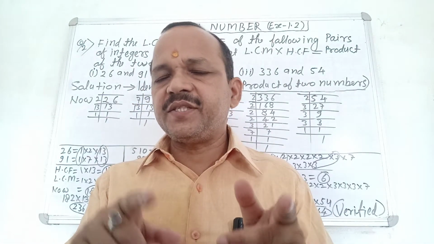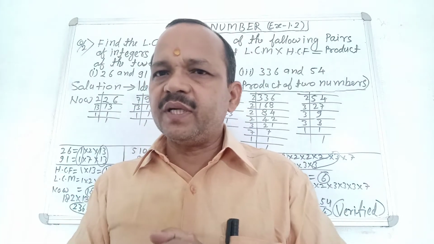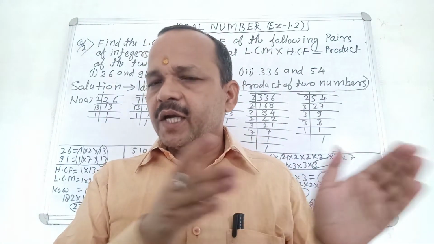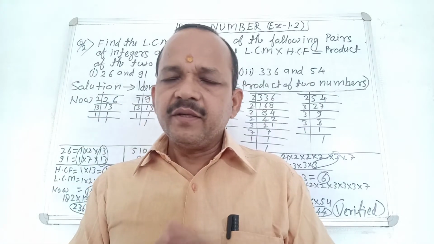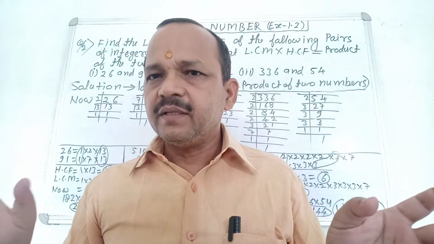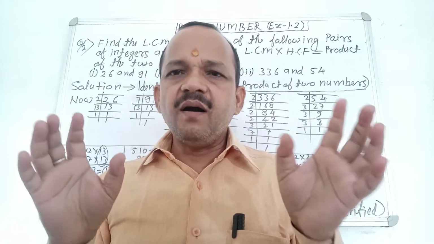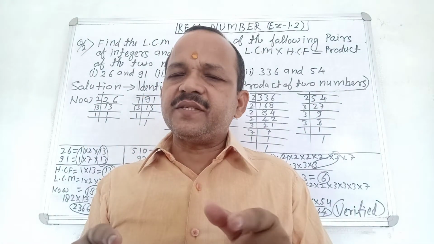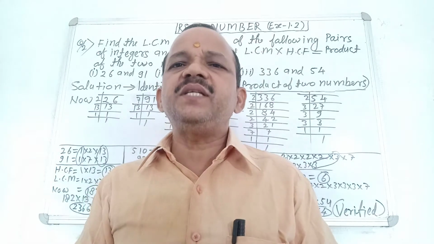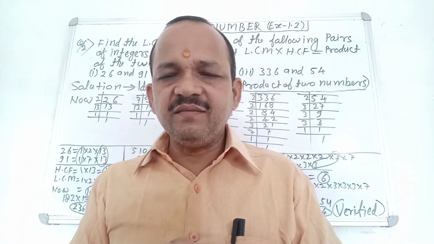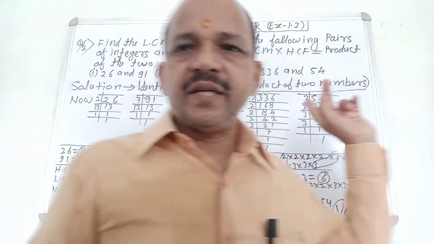LCM multiply HCF equal to product of two numbers. If left side equals right side, then your solution is verified. It is very easy. Clear? No confusion. See the board and concentrate your mind.